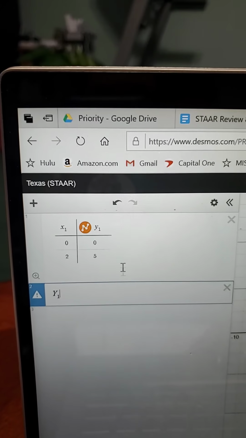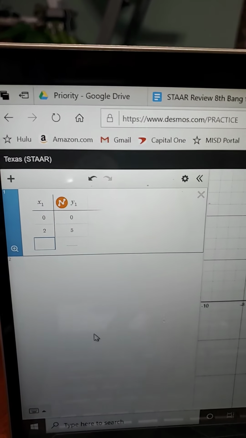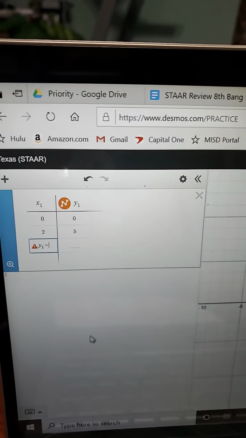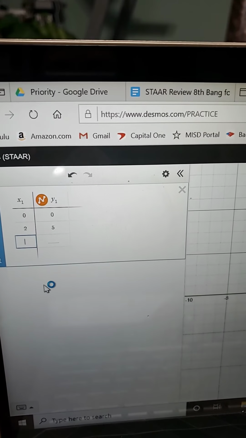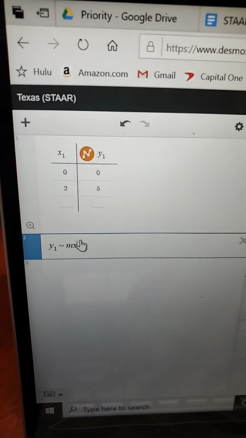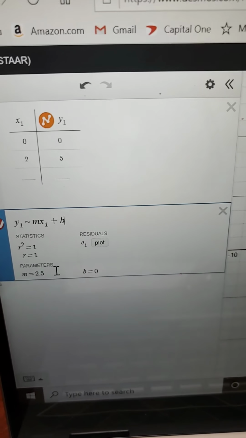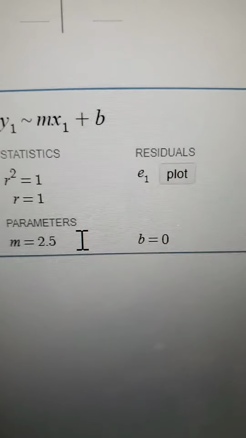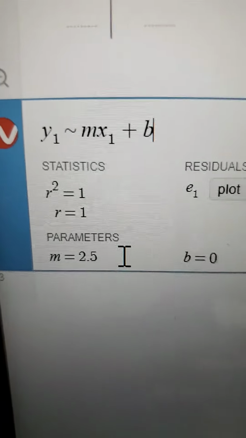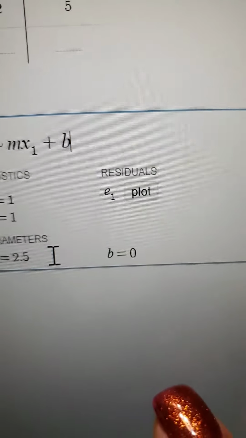You're going to type in Y1, squiggly line, M X1 plus B. It says my M is 2.5, aka my slope is 2.5, aka my rate of change is 2.5 with a y-intercept of 0.